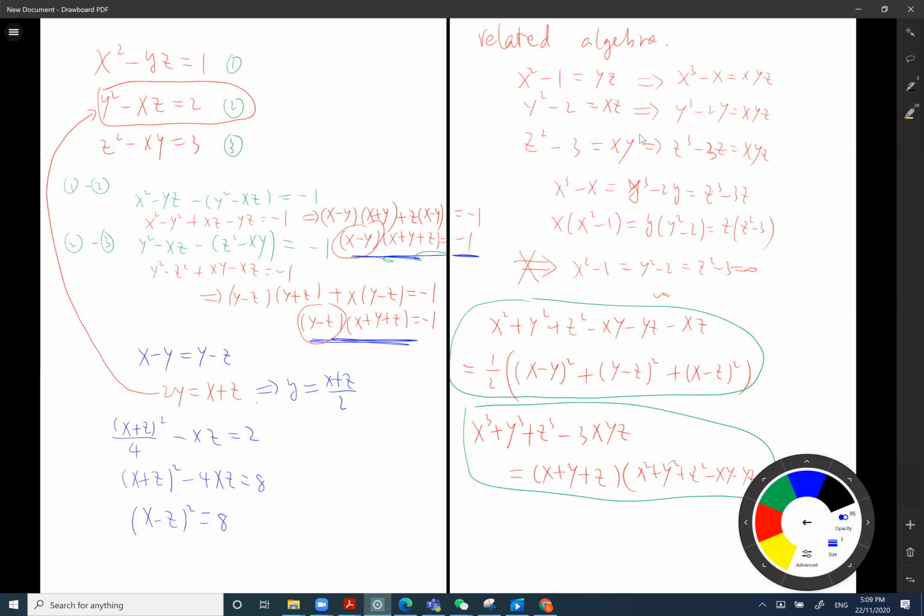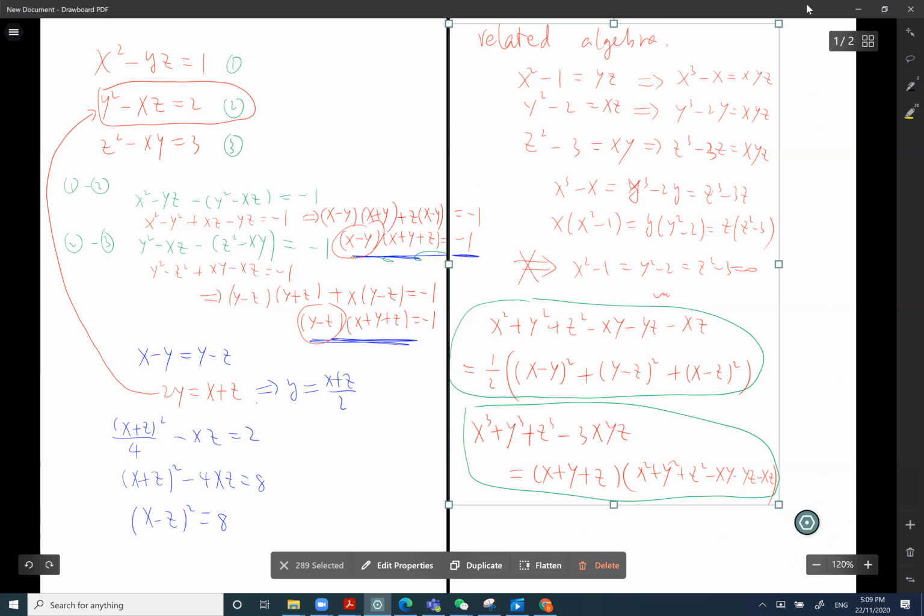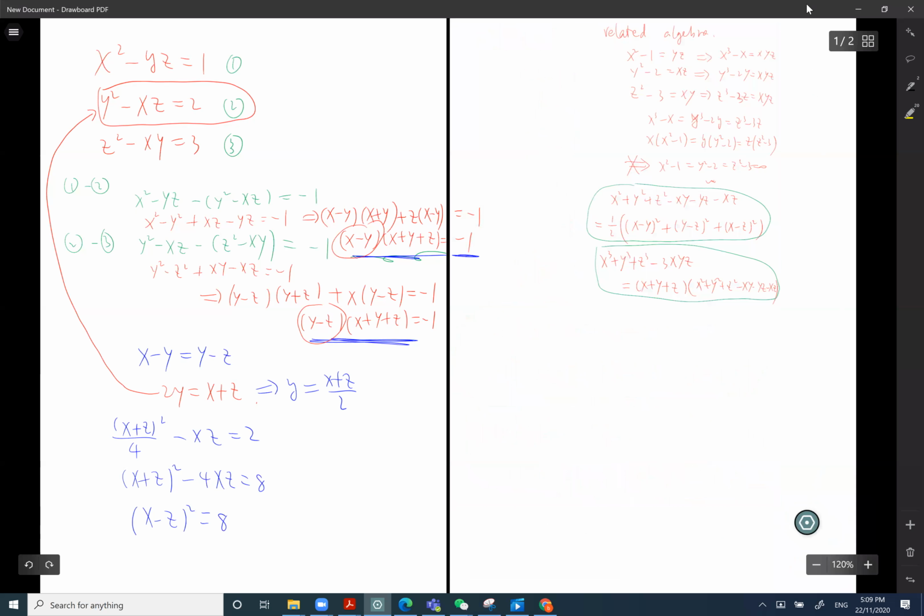Up to here. x minus z could be 2 root 2 or minus 2 root 2.